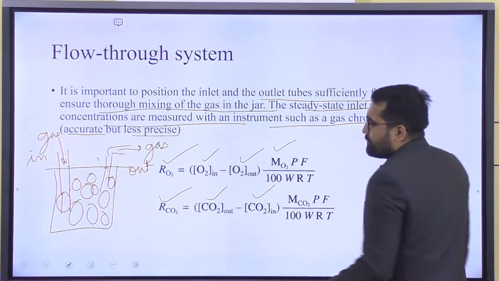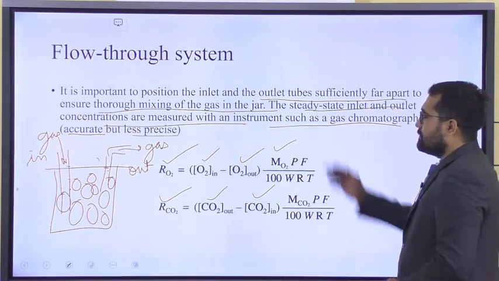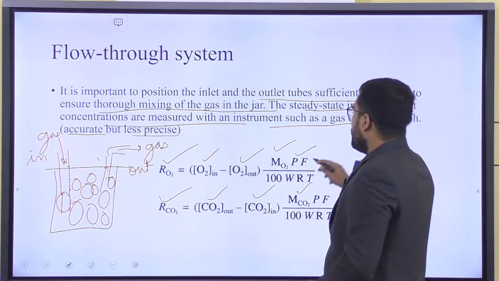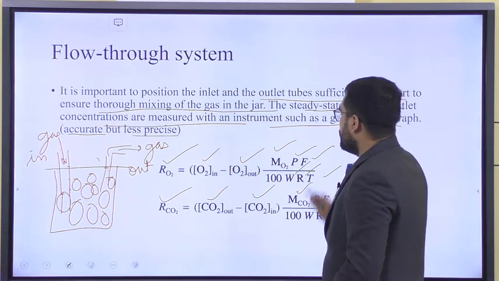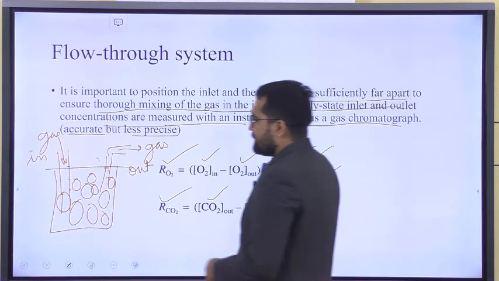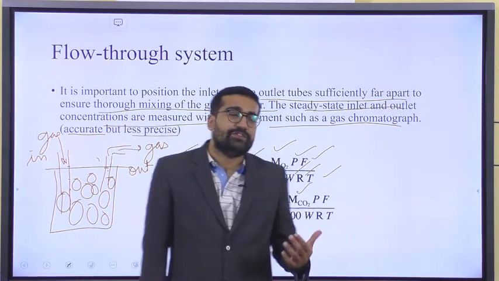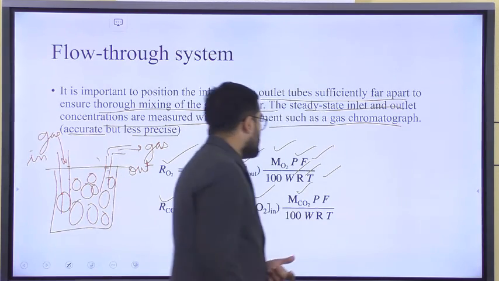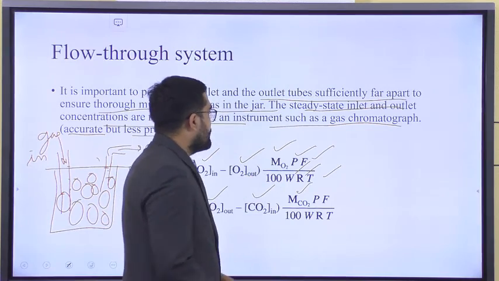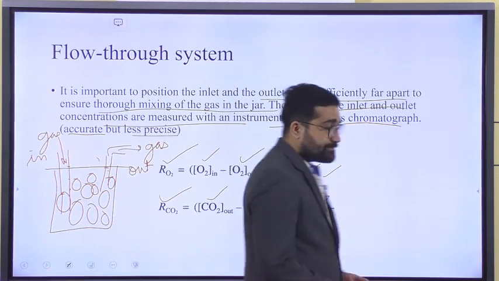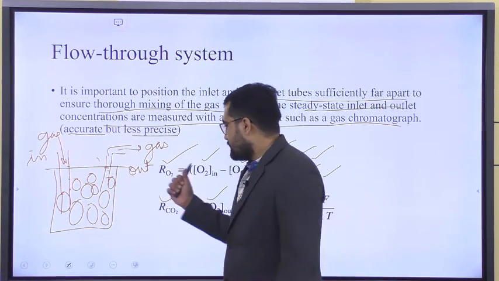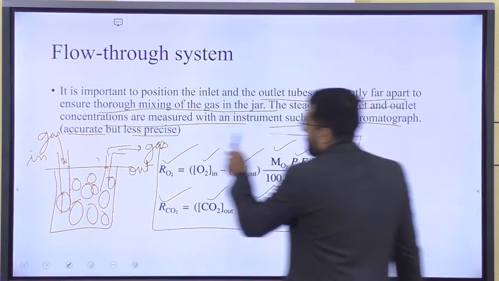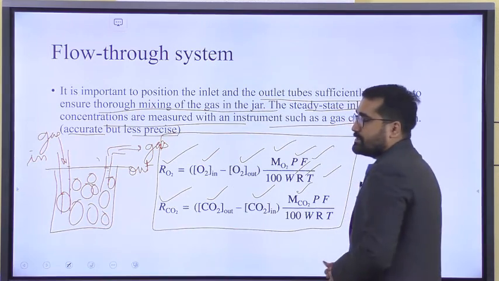M is the molecular weight of oxygen and CO2. P, F, R, T, W are the respective nomenclatures which we have seen earlier. T is the temperature, R is the gas constant, W is the weight, F is the flow rate, and P is the pressure. So these are the equations which govern the flow through systems.